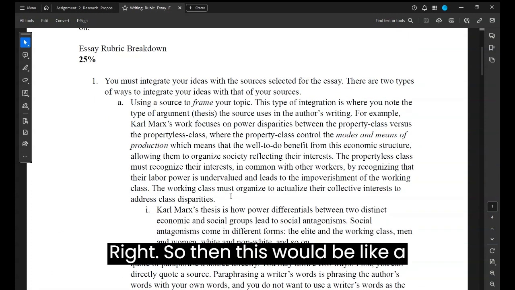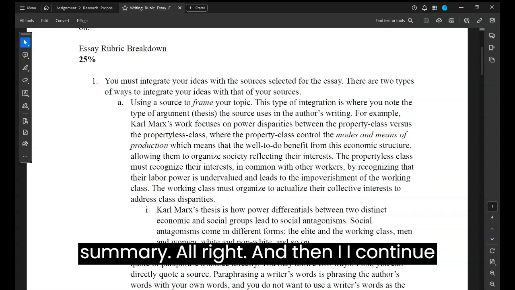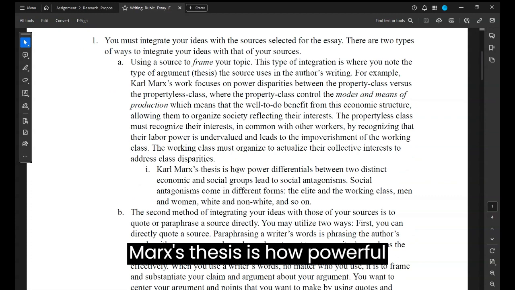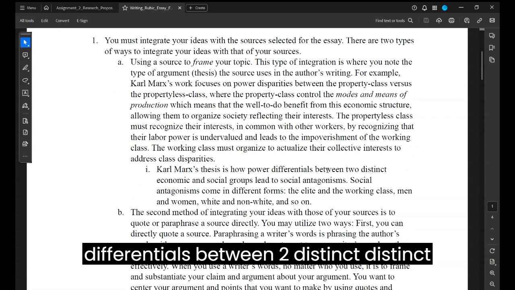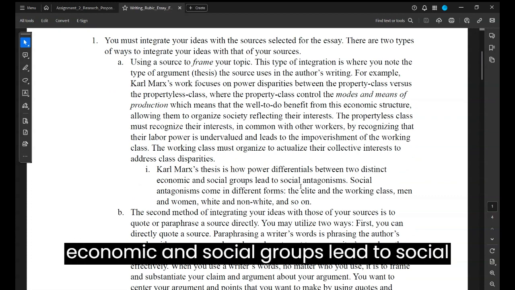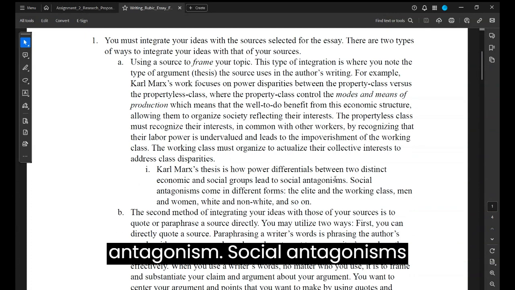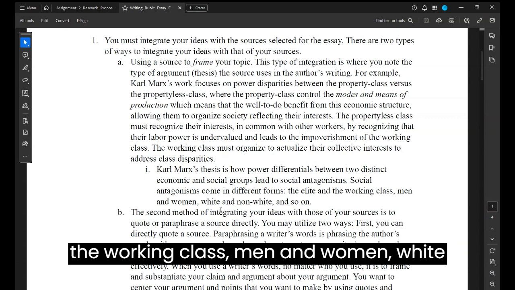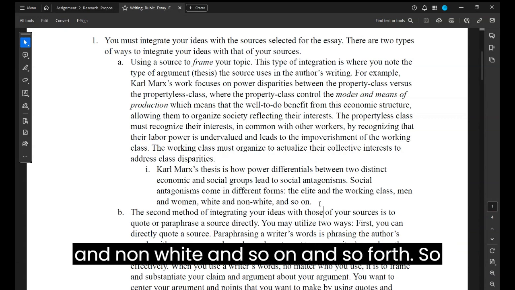So then this would be a summary, and then I continued to write: Karl Marx's thesis is how power differentials between two distinct economic and social groups lead to social antagonisms. Social antagonisms come in different forms: the elite and the working class, men and women, white and non-white, and so on and so forth.